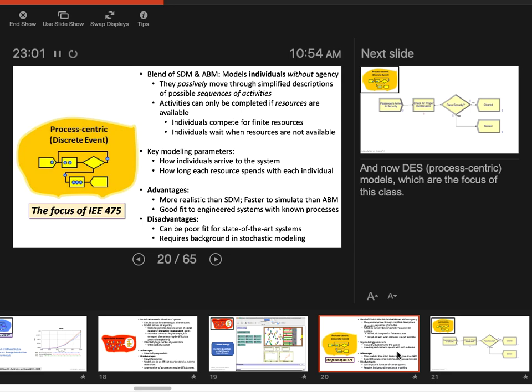Disadvantages are, if you do have some weird state-of-the-art system where you kind of allow things to self-organize, then an agent-based modeling approach might be better. If you're doing some weird nanoscale manufacturing thing where you just dump a bunch of nanorobots into a big pool of resources and let them do what they do, then in those cases, it might be hard for us to know the exact sequence of events that will go on under the microscope.